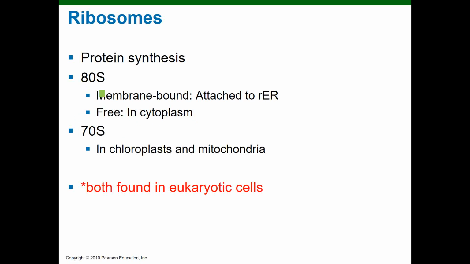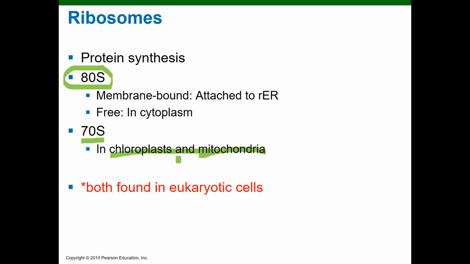So they do the bulk of the work for eukaryotic cells, the 80S. However, 70S ribosomes, which are bacterial in origin, can also be found in eukaryotic cells, but specifically in the chloroplasts and in the mitochondria, which are organelles, and we'll talk about them coming up in a second.